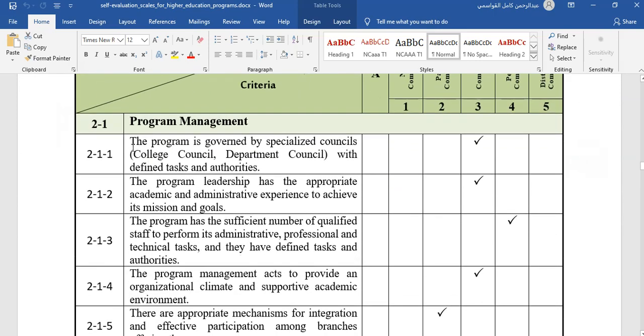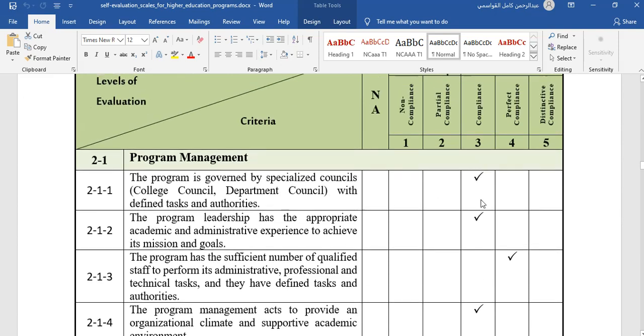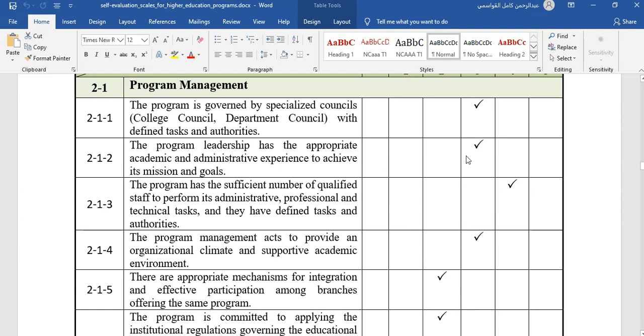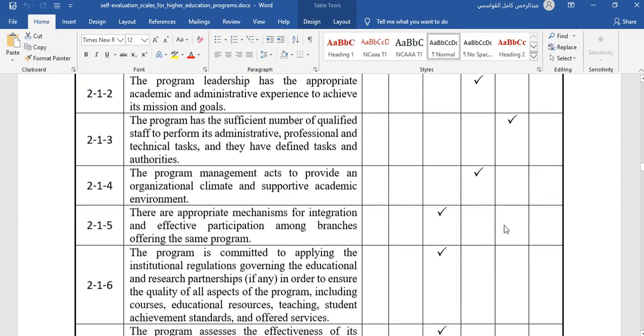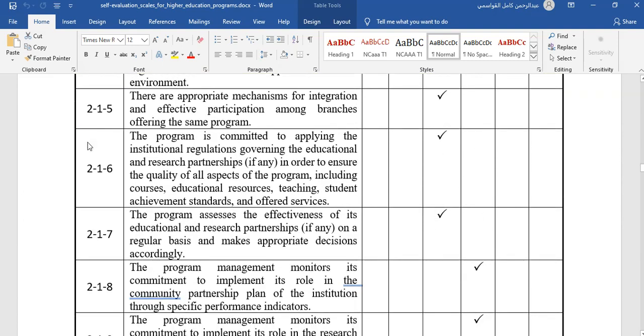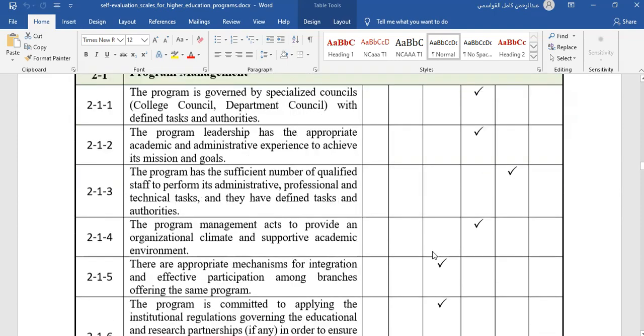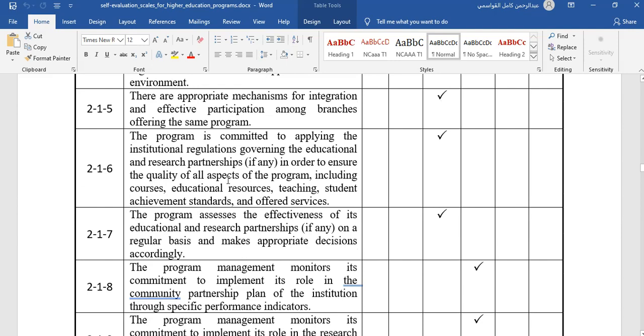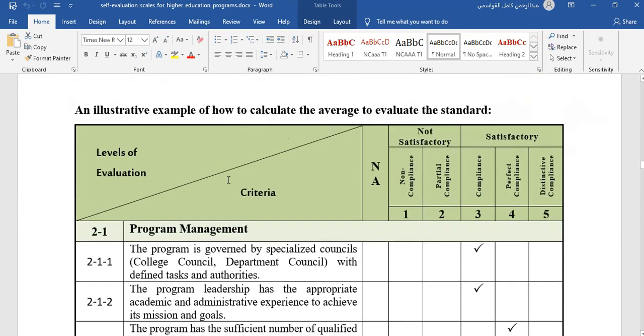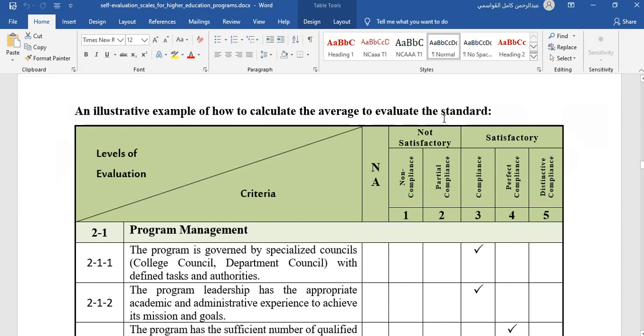The program is governed by specialized councils, college council, department, and so on. For this item I have 3, for this item I have 4, I have 2. So I have different evaluation levels for every item in this standard.